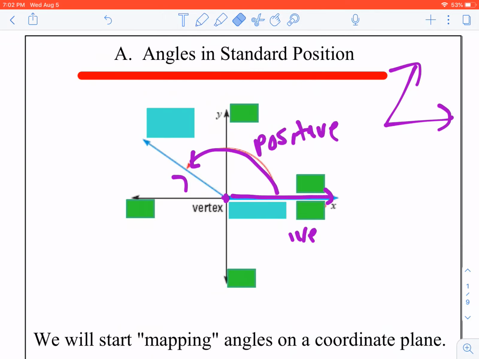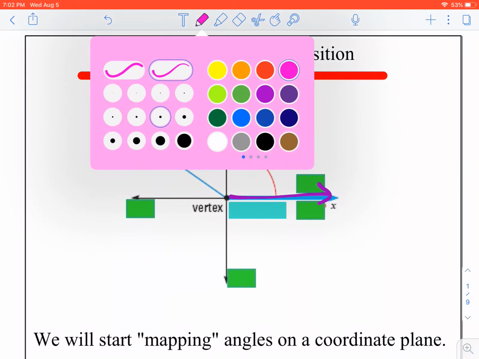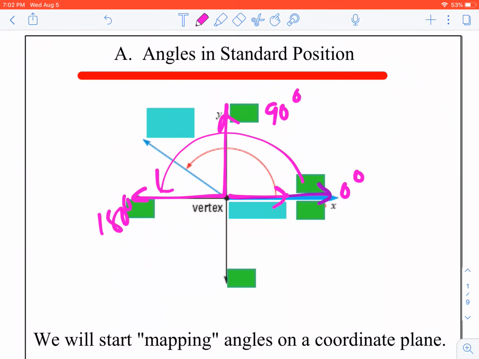All right, let's also think about the coordinate system here. If I draw my angle starting here, and my terminal side is the same, we've gone 0 degrees. If I draw my terminal side here, we've gone 90 degrees. If I draw my terminal side on the negative x-axis, we've gone 180 degrees in a positive direction.